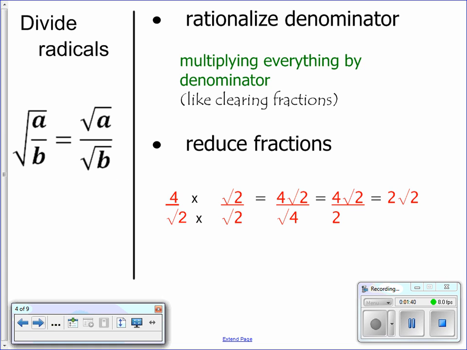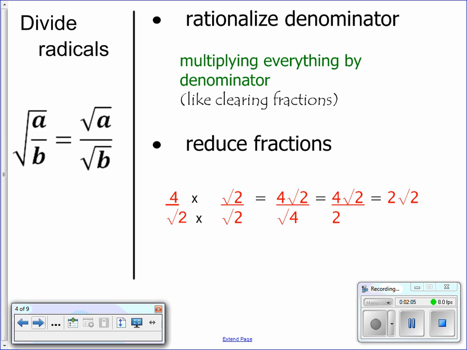When we're dividing, it's called rationalize the denominator. Remember we said if it's in simplest form, you cannot have a radical as a denominator. So when we rationalize it, it means that the bottom number, the denominator, has to be a rational number. So we multiply everything by the denominator, kind of like we did when we were clearing fractions, and remember to simplify the fractions.